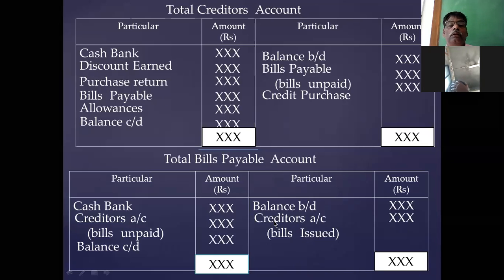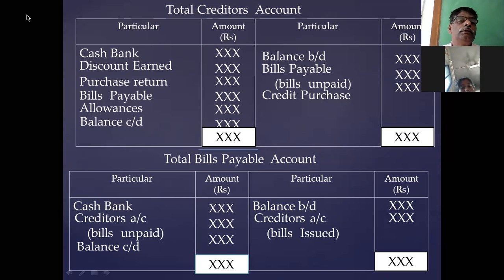This account is prepared to ascertain the bills payable issued or the closing balance of bills payable. Remember this. Opening balance goes to the opening statement of affairs, closing balance goes to the closing balance sheet, and cash goes to the cash book. These are the three points you remember.